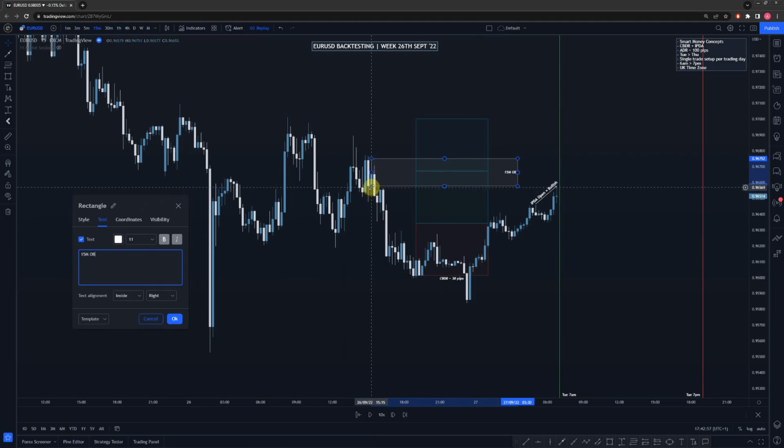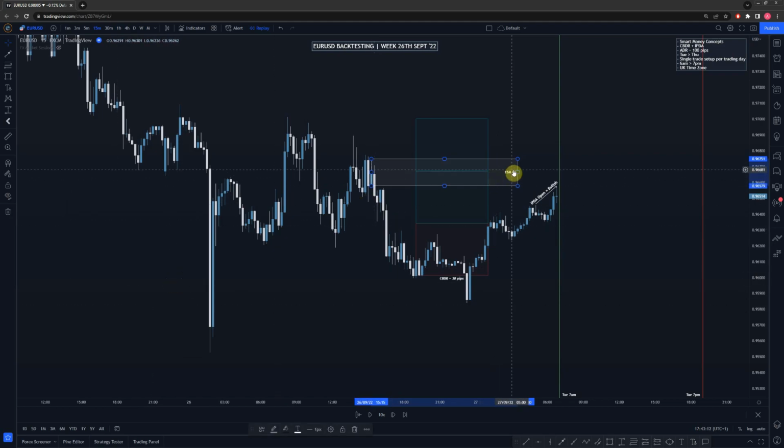So we're going to get the high of this bullish candle, which is 96751, and then the low of this bullish candle being at 96579, and let's project that to the end of the day.